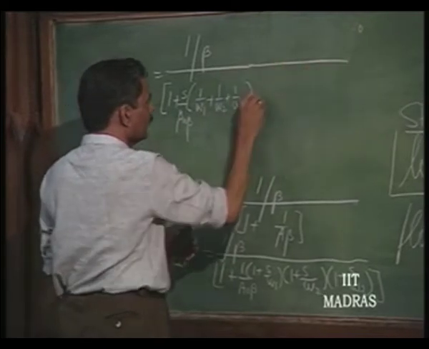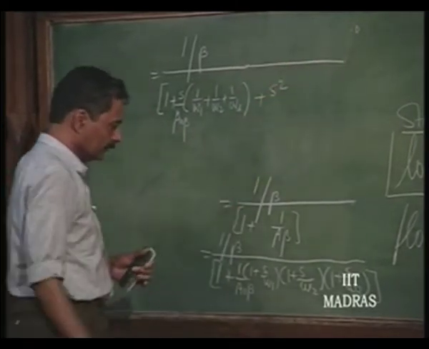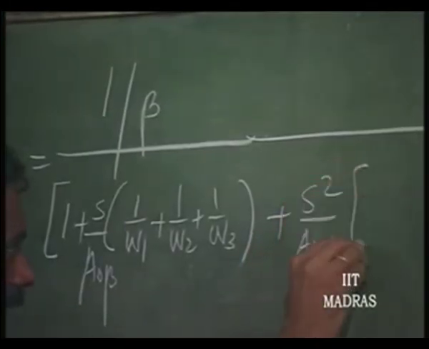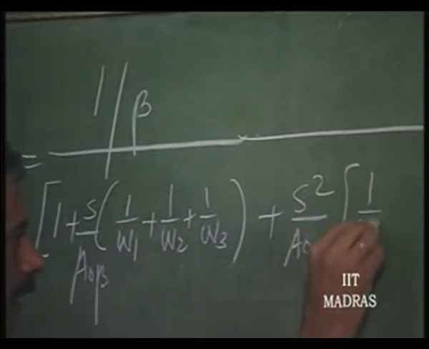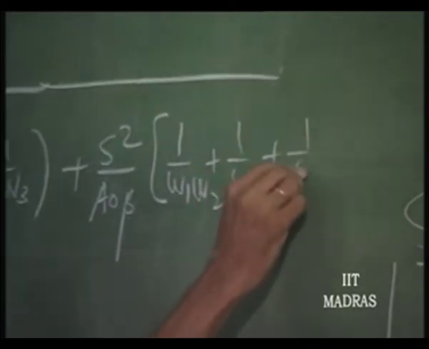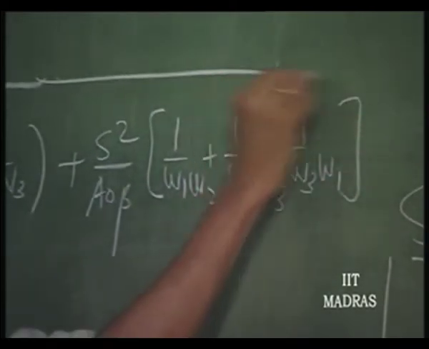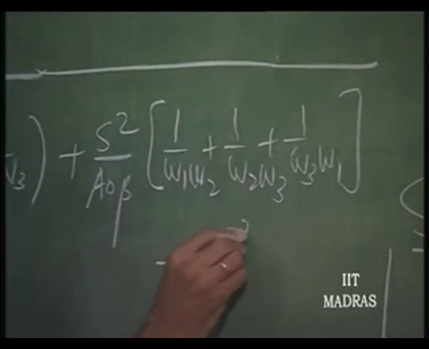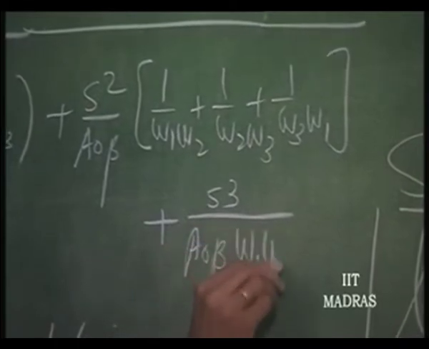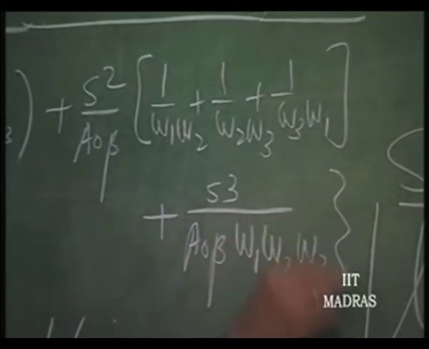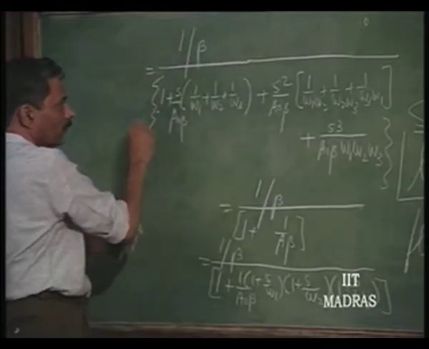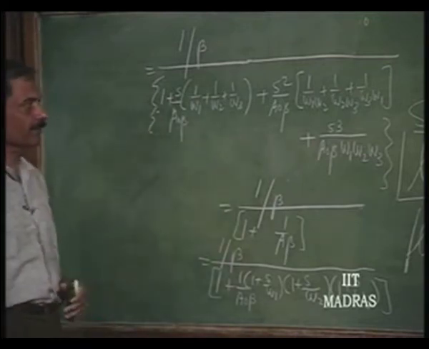Next, plus S squared by A naught beta, then coefficient of this will be 1 by omega 1 omega 2, 1 by omega 2 omega 3, 1 by omega 3 omega 1. Then finally, S cube by A naught beta omega 1 omega 2 omega 3. So, this is the third order system.